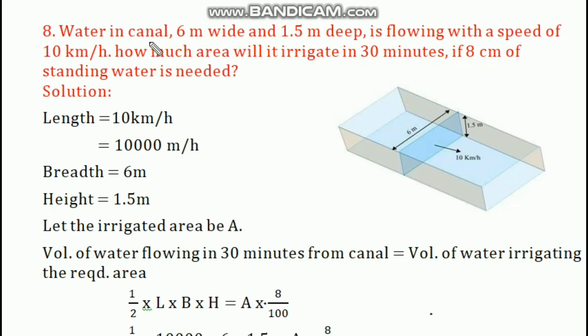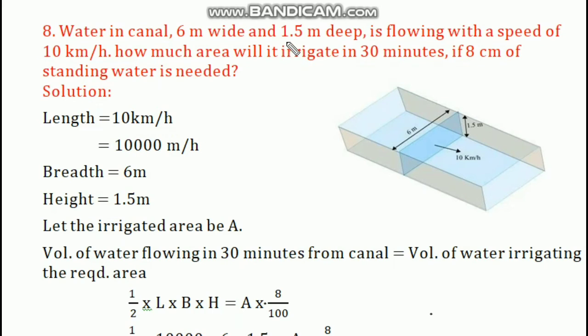Here the water in the canal is 6 meter wide, so wide is breadth, and 1.5 meter deep, so the deep is height. It flows with a speed of 10 kilometer per hour. The flowing we consider as length, so the length is 10 kilometer per hour.